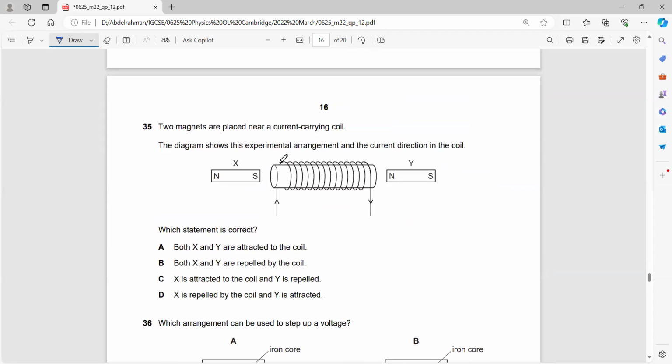Question 34. Two magnets are placed near a current carrying coil. The diagram shows the experiment arrangement and the current direction. Which of these statements is correct?